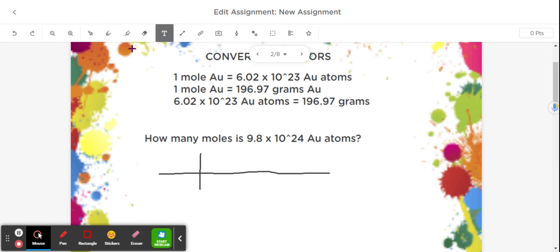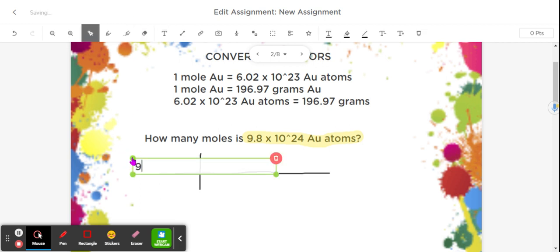Anytime we have a truth table, we are always going to look at the number in our equation, and that's going to be our given, and that's going to go in this first box. So in my first box, I'm going to have 9.8 times 10 to the 24th gold atoms.